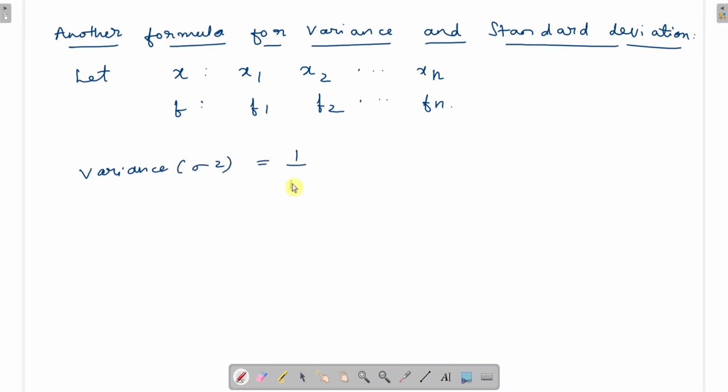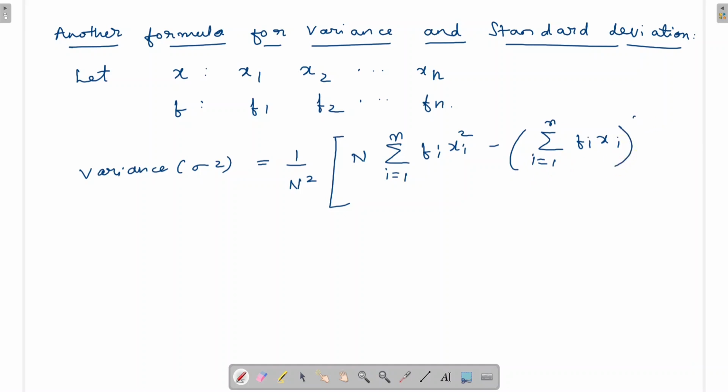So 1 by n square, right, times n summation i going from 1 to n, fi xi square minus summation i going from 1 to n fi xi the whole square, right. This is another formula. There is a proof for this, but we will not do the proof. This formula you have to remember.